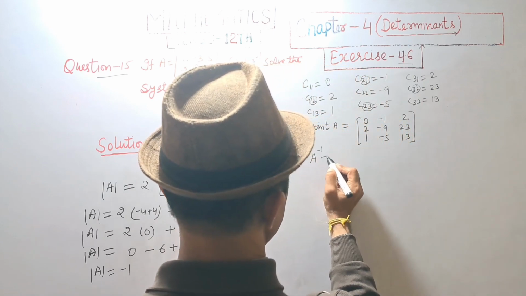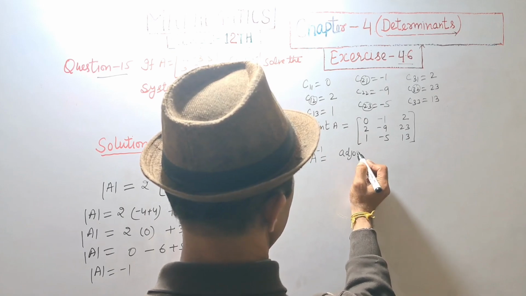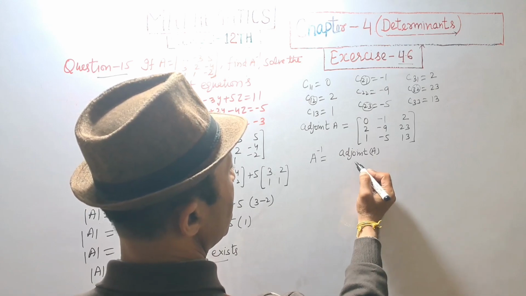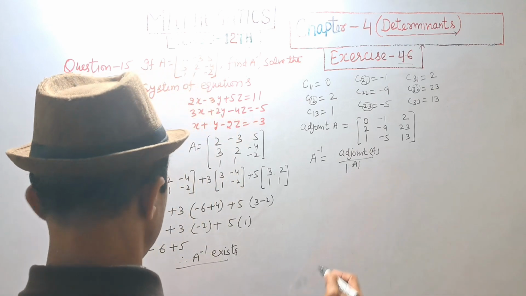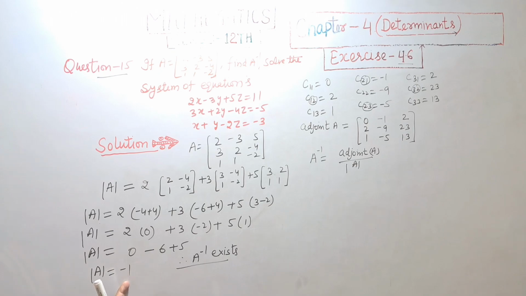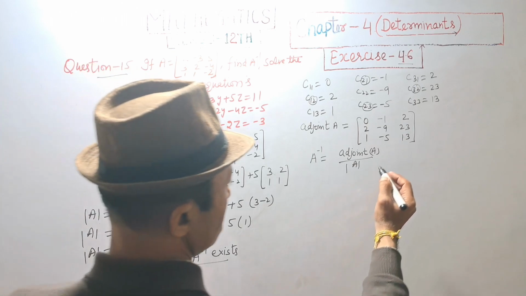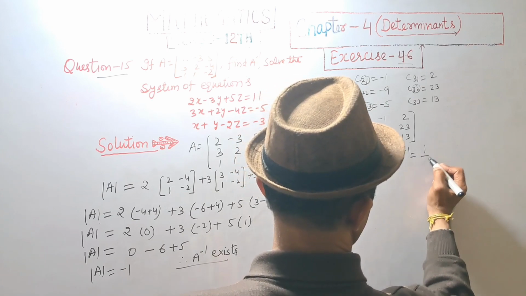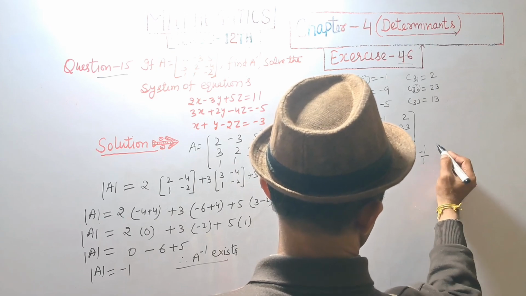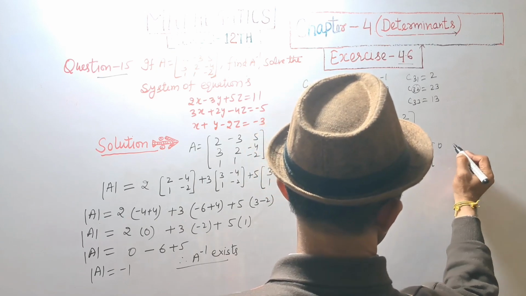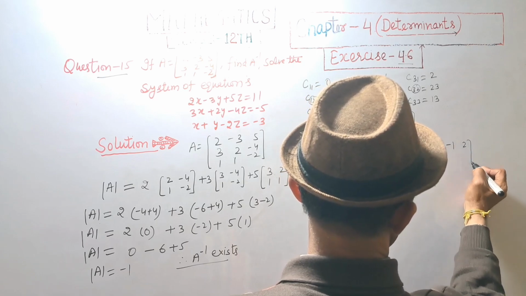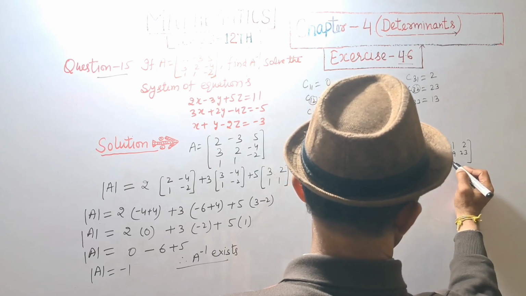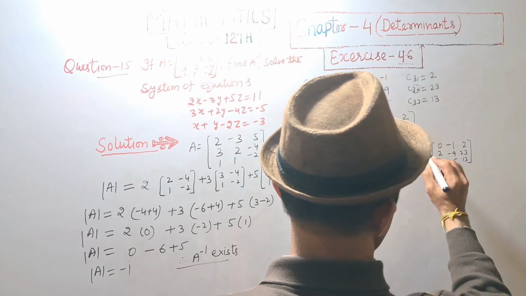And A inverse is equal to adjoint A upon determinant of A. We get determinant of A is equal to -1. This implies A inverse can be written as 1 upon -1 times the matrix 0, -1, 2; 2, -9, 23; 1, -5, 13.